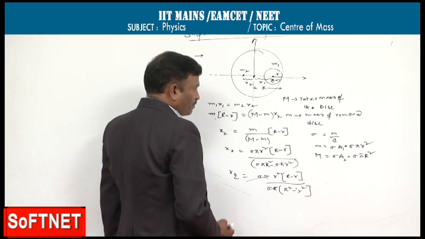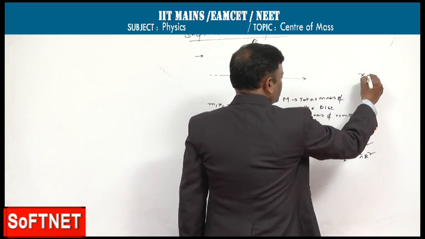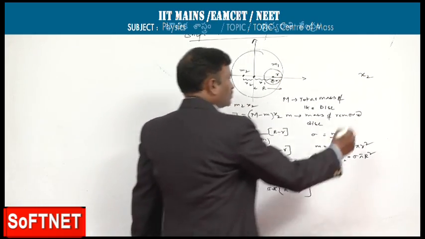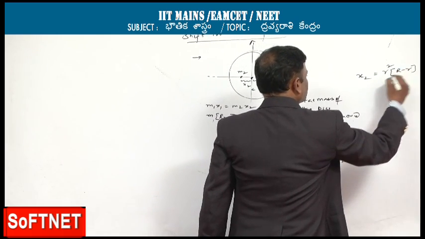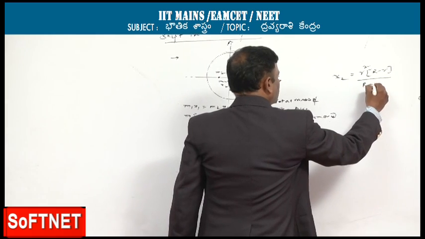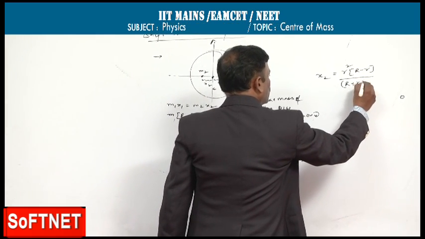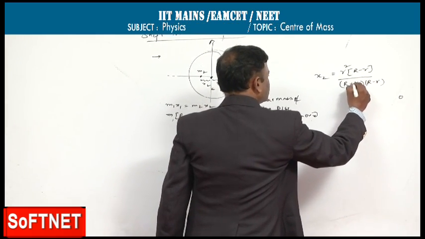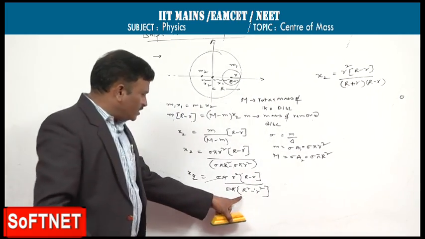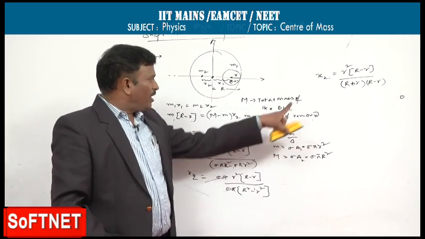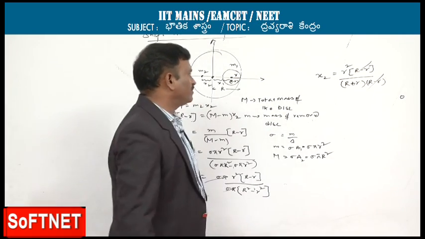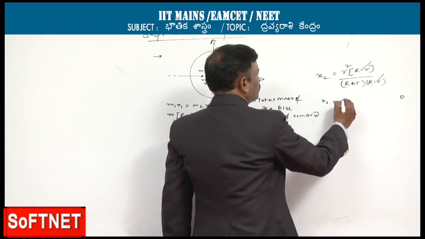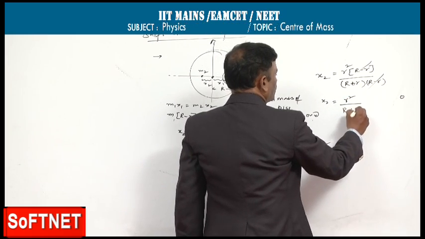Then sigma pi gets cancelled. The final expression is x2 equals r square into R minus r, over R plus r into R minus r, since it is a square minus b square formula, a plus b into a minus b. So these two get cancelled. Then x2 is equal to r square by capital R plus small r.